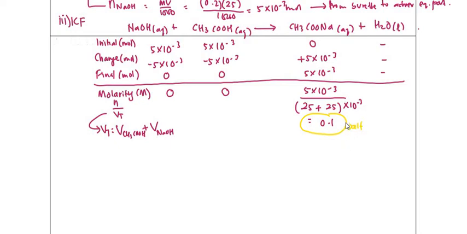That means in the conical flask you only have the salt solution with the H2O. So for this case, how do you find the pH of the salt? You have to use the subtopic salt hydrolysis. Still remember salt hydrolysis? Okay.